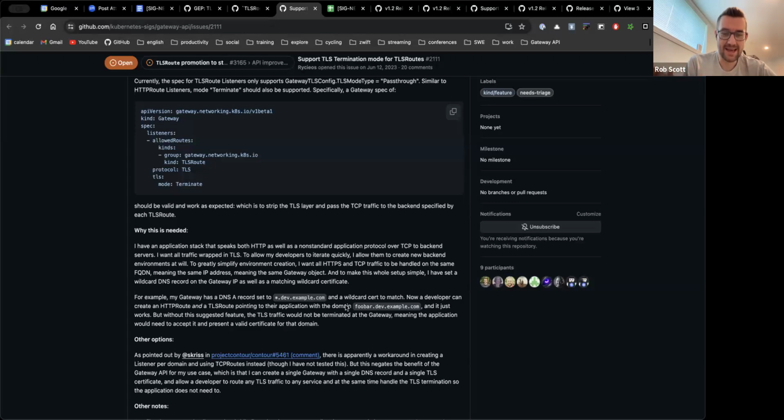It's technically possible. It just messes with our simple model: TLS route is for pass through and HTTP route is for terminate. And then, oh, well, what about this? So these are the fun questions that I think we should have an answer to in a gap.